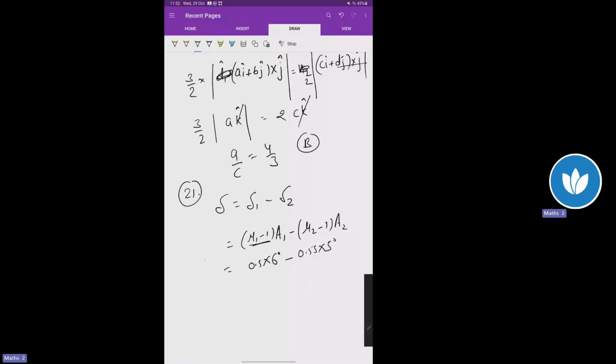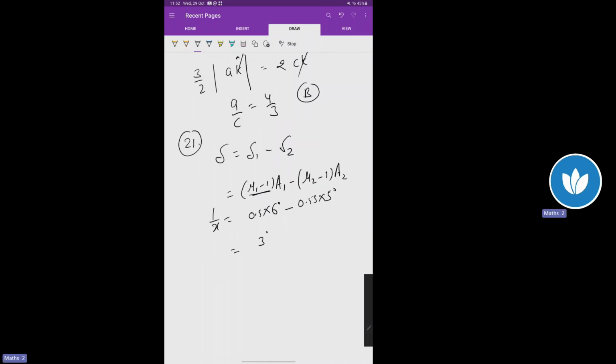This is equal to 1 by x. This is 3 degree minus 2.75 degree, so 0.25, or we can say 1 by 4. So x is actually 4.